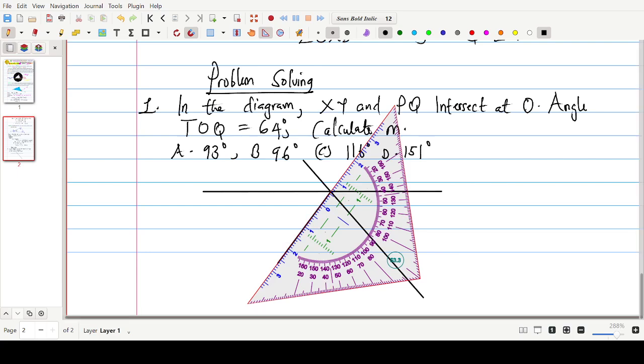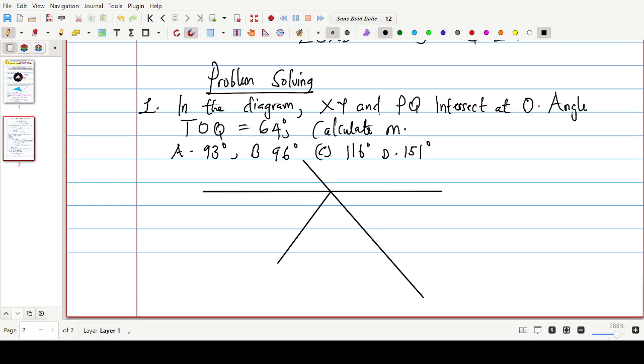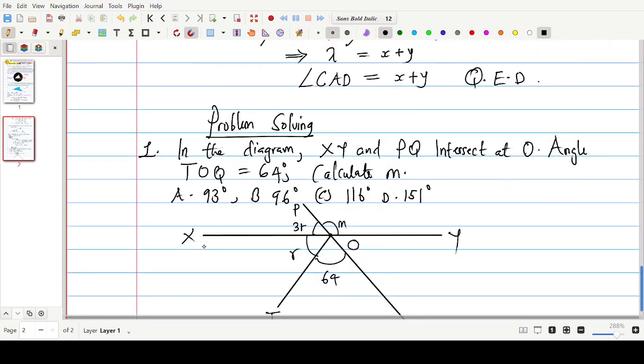All right, this is a complete figure, and it's labeled as here's x, here's y, p, here's q, here's t, then this is 3 arrow, here's arrow, here's 64, then here's m. This point of intersection is O, as stated in the statement. So we are required to find m. Now do we get m?